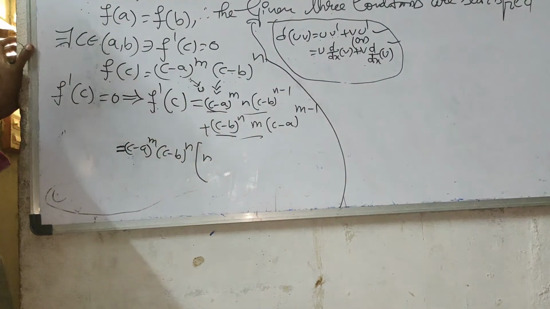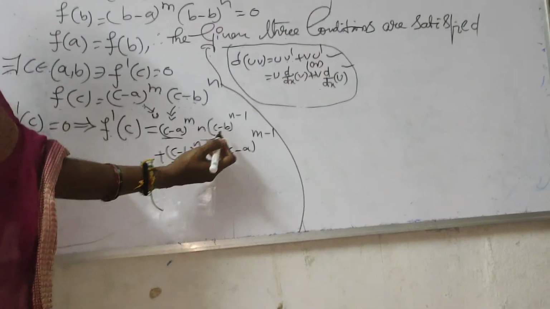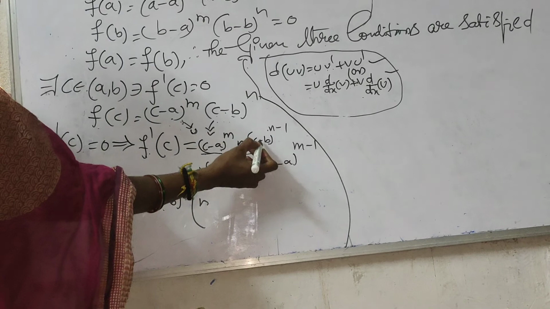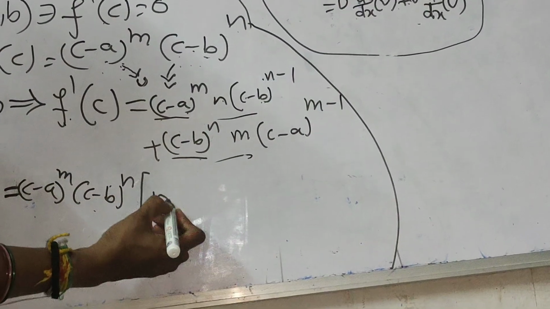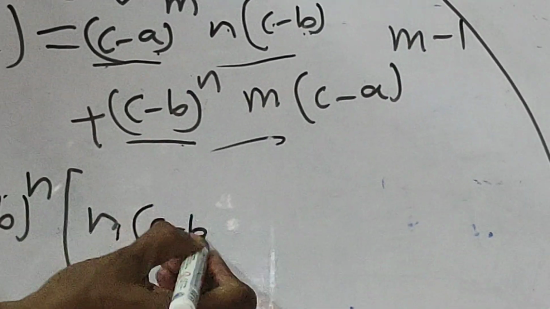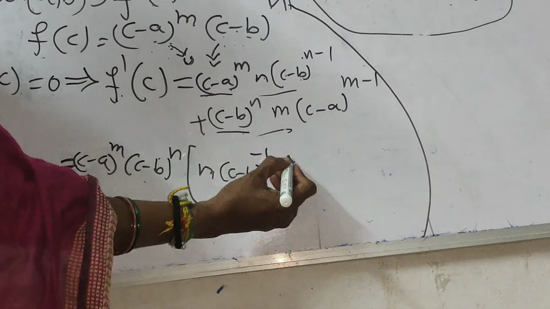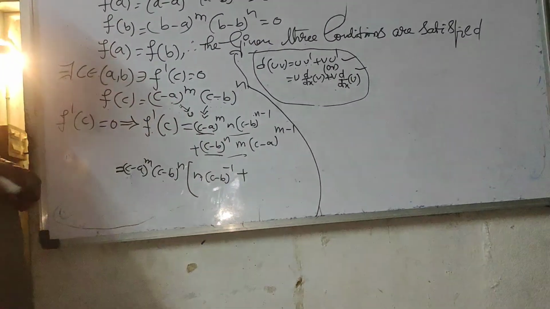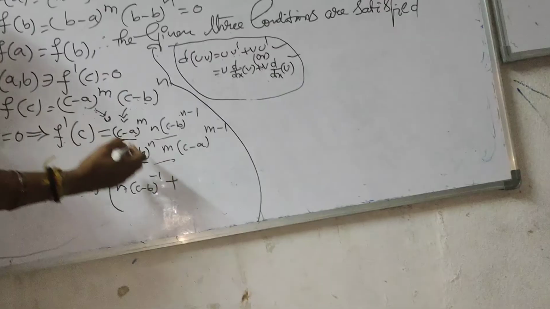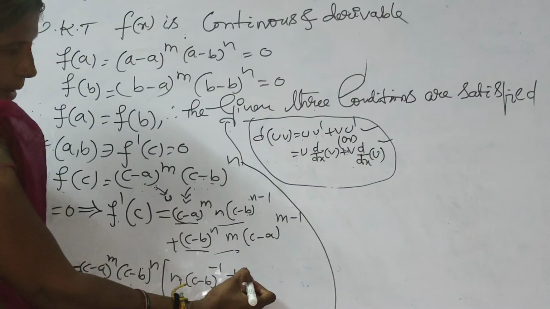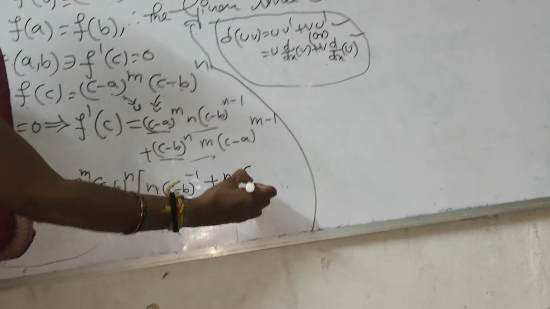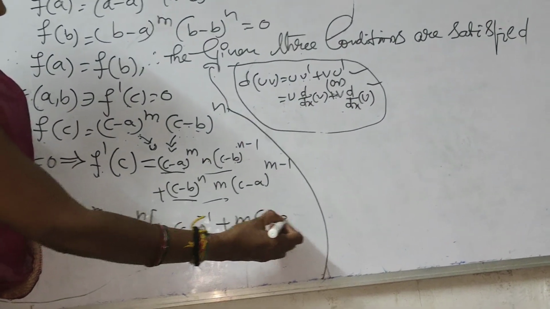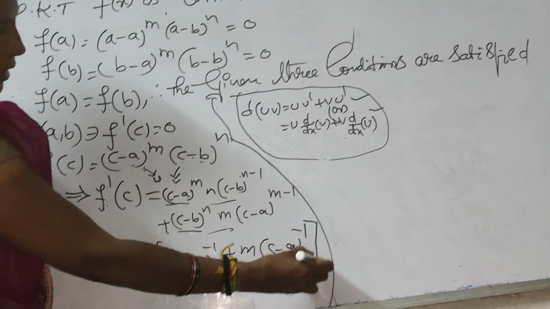Next write n into C minus B whole power n, also common here, therefore write C minus B whole power minus 1, plus, in these two terms C minus B whole power n is common. Next write m into C minus A whole power m, also common, next write C minus A whole power minus 1.